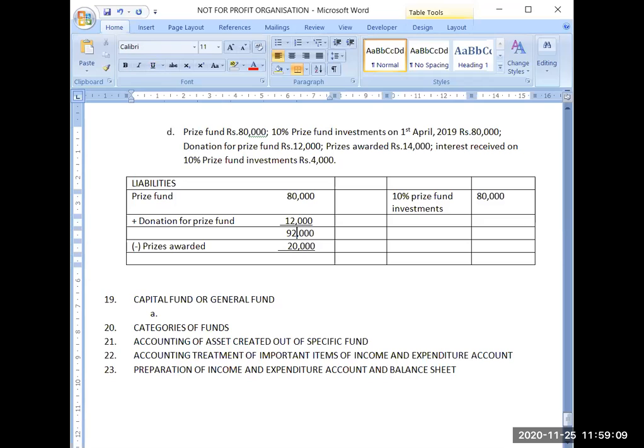So the total will now be 92,000, as you have received one donation also. Then prizes awarded are 14,000. We will subtract this also. So 92,000 minus 14,000 will become 78,000.